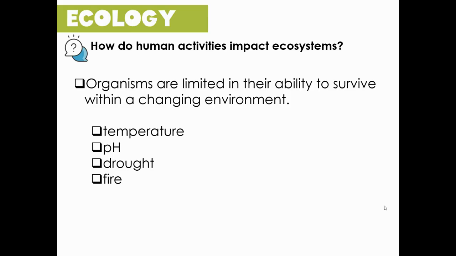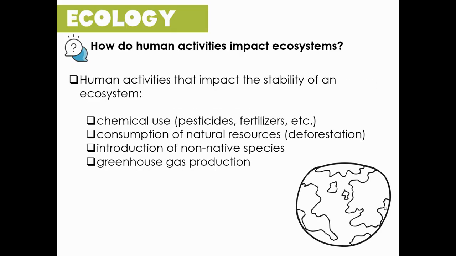And so you have extinction, or you have organisms that are forced to migrate or relocate based on these different changes. And a lot of these changes are human involved changes. So temperature, pH, drought, fire, all of these things are changes that can happen to an environment that, of course, would impact the organisms in that ecosystem.